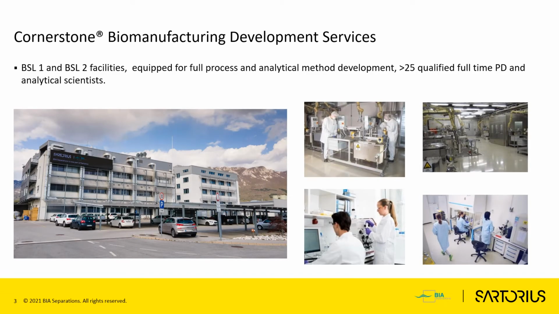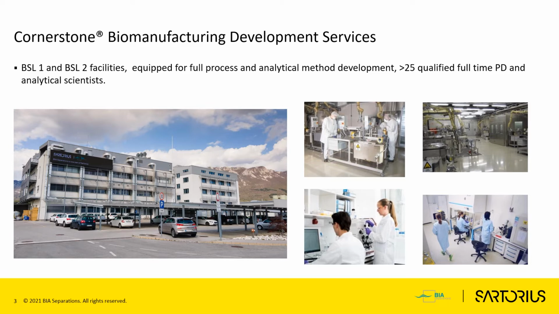Thanks to the increased production capacity, we drastically improved our stock management system and can provide faster turnaround times. Most of our products are ready from stock, meaning that our lead times will not stand in your way when meeting the deadline. Besides manufacturing CIM products, BIA also offers process and analytical development service known as Cornerstone Biomanufacturing Development Service, available for different biomolecules.